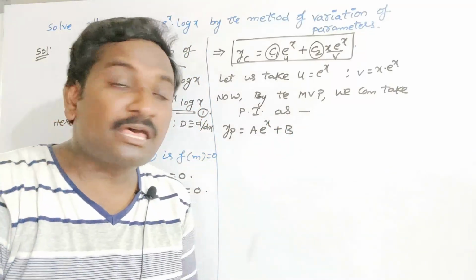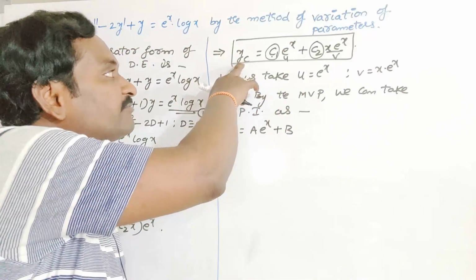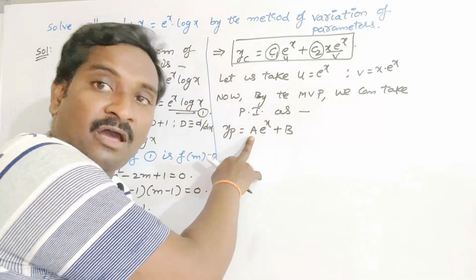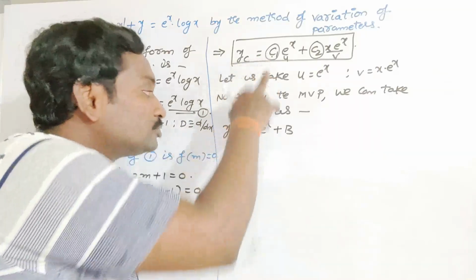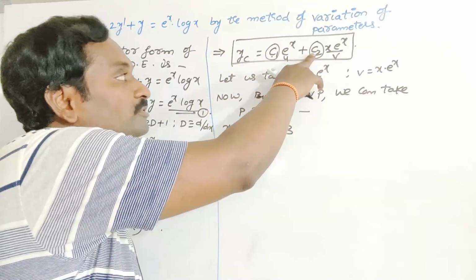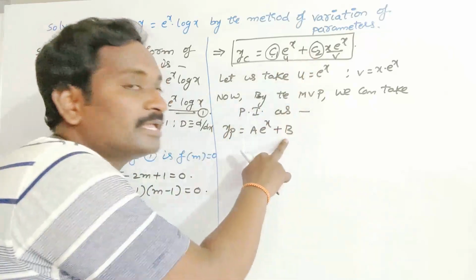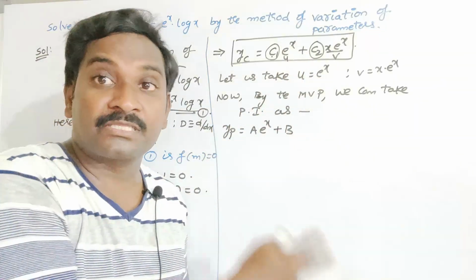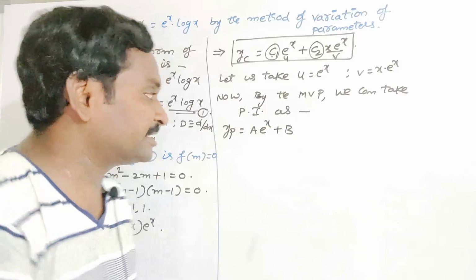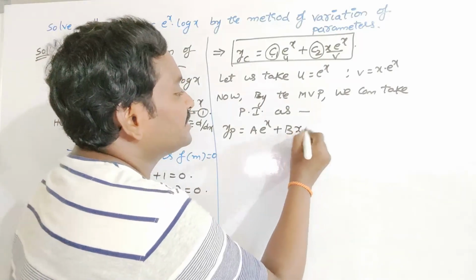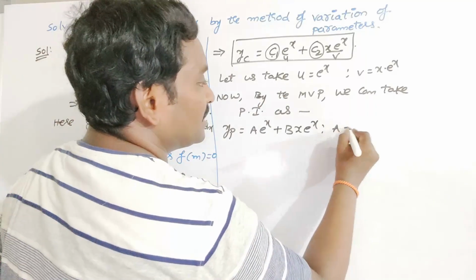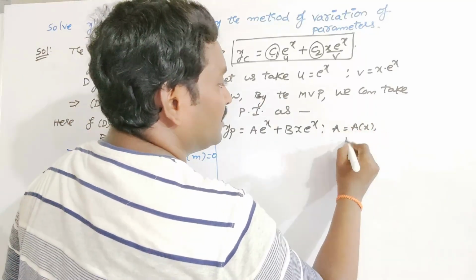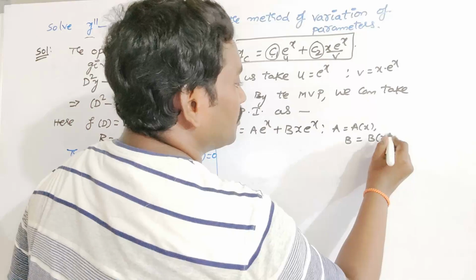We have to change the parameters in the complementary function into functions of x. So c1 is a parameter which is changed to capital A, and we change the parameter c2 to B. A and B are not parameters, they are functions of x, don't forget it. Here A is nothing but A of x and B is nothing but B of x.